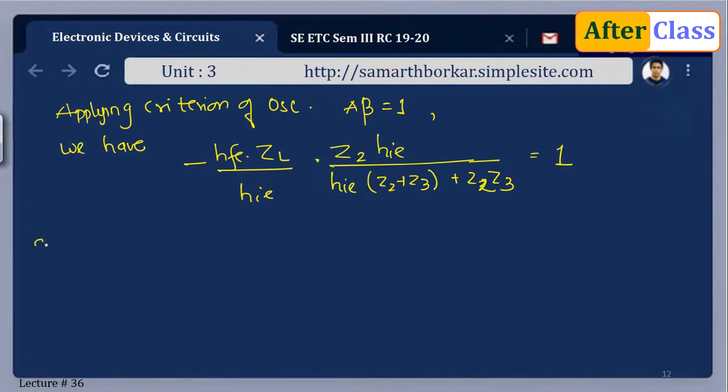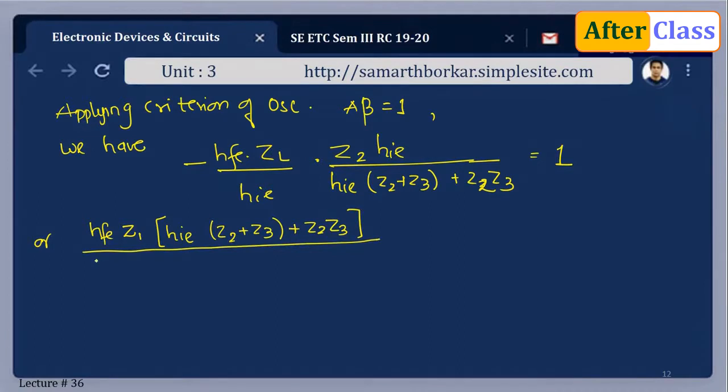Or further simplifying this, we can write it as hFE into Z1 into (hIE Z2 plus Z3 plus Z2 Z3), close the bracket, and here it is hIE (Z1 plus Z2 plus Z3) plus Z1 Z2 plus Z2 Z3 into, here we have obtained the value of ZL.